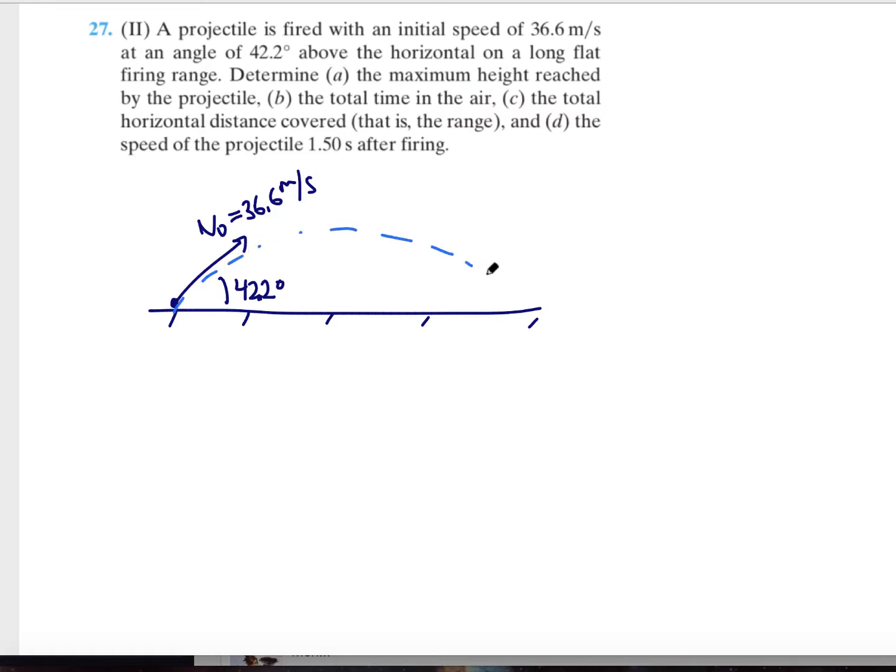So I'm working on this path. To figure out where I end up, I know that I'm going to be looking for a delta y, and I'm looking for it at the highest point. And so at the highest point, I know that Vy is 0. So I'm going to take my initial velocity and find V naught y to begin with, which is going to be V naught times the sine of this angle.